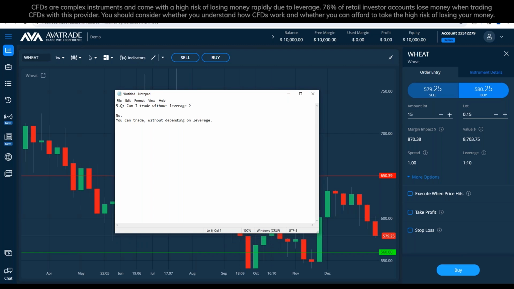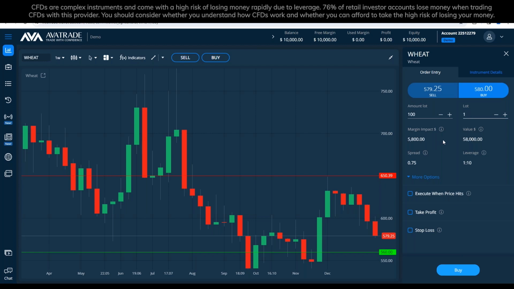1 bushel of wheat costs $579. We're gonna multiply that by, let's go with 1 maybe. 1 lot is 100. I want a number that will be challenging. Okay, let's try 0.05.